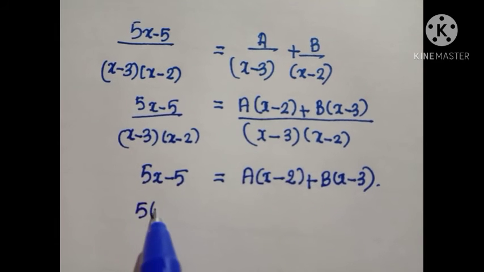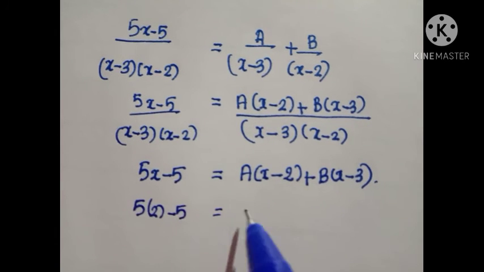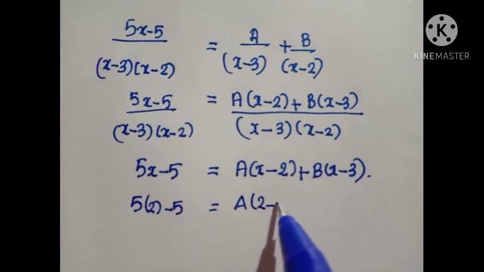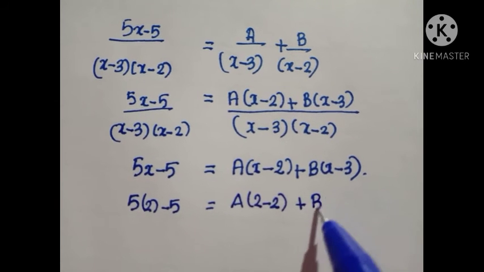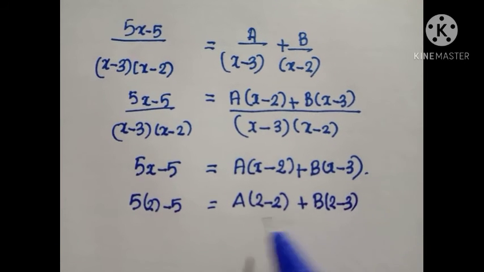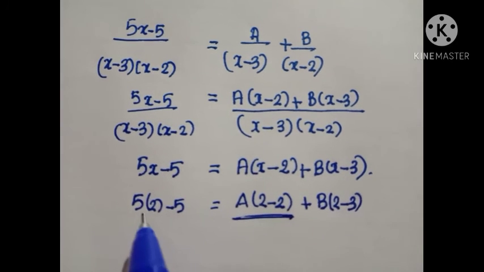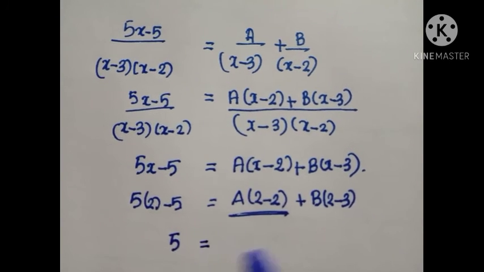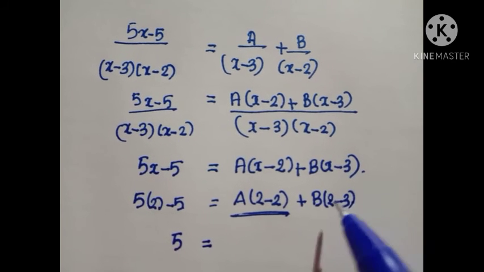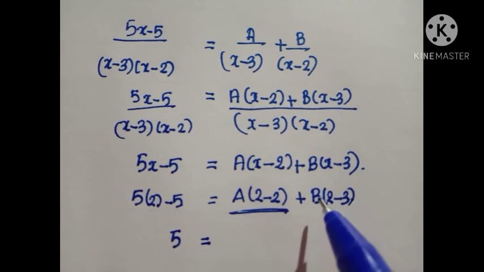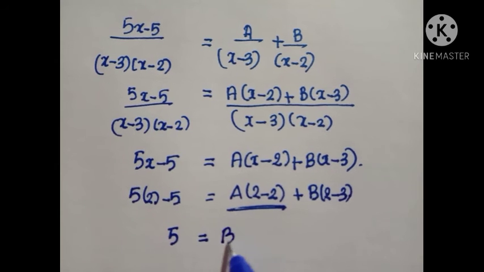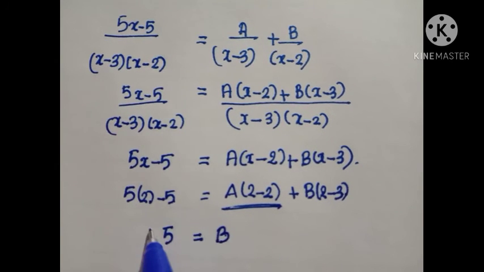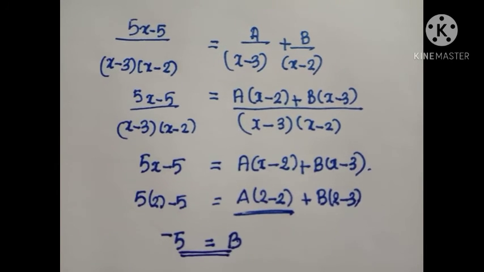So 5·2 − 5 = A(2 − 2) + B(2 − 3). This becomes 0. 5 into 2 is 10, 10 minus 5 is 5. 5 equals (2 − 3) = −1, so −1 into B is −B. So −B = 5, or B = −5.